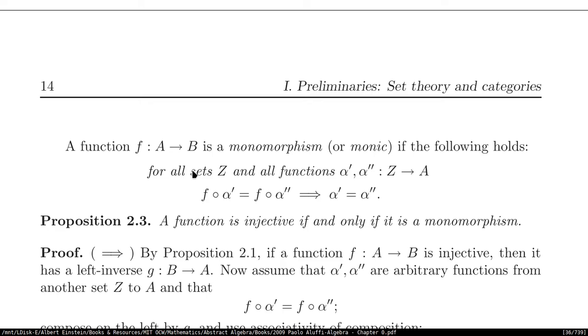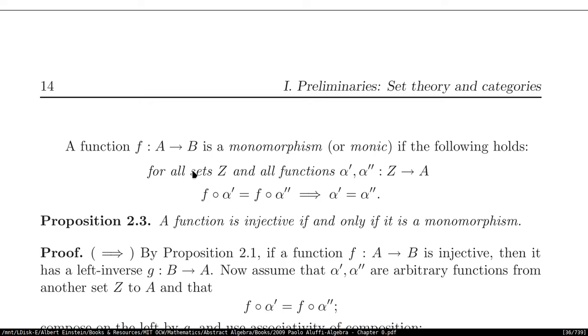Take the composition of the functions: f circ alpha prime is going to take you from Z to B, and the same f circ alpha double prime is going to do the same from Z to B. The condition is that if both of these functions happen to be identical, the same, right?